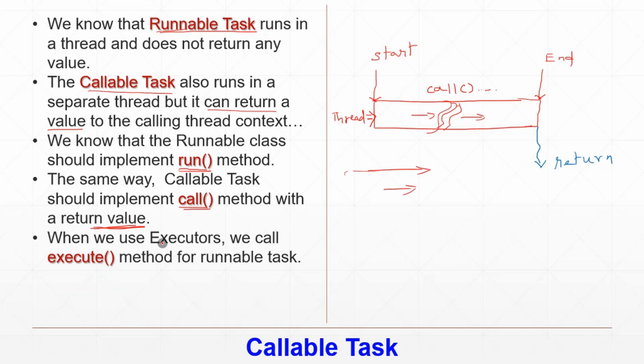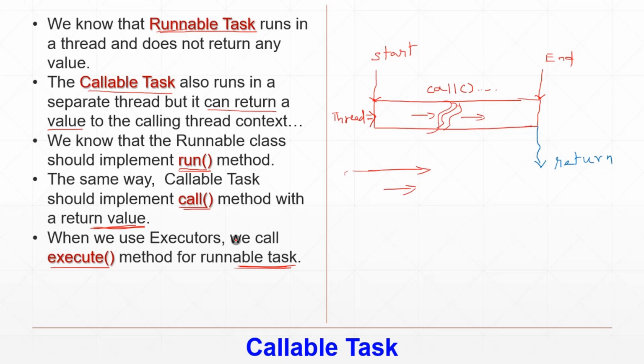When we use executors, we call the execute method for the runnable task. We saw that previously, right? We used the executors, one is a cached pool executor and another one is a single threaded executor.